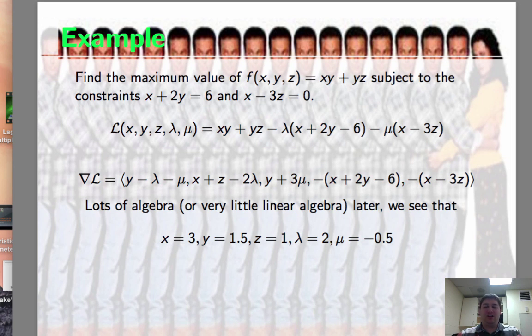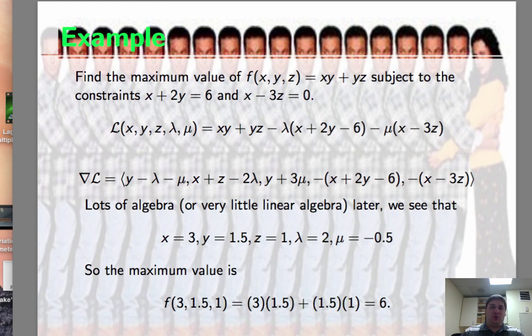Just make a matrix and then find the inverse of that matrix, and oh, it's beautiful. It's a piece of cake. I did the latter. I did linear algebra, and I found that x had to be 3, y had to be 1.5, z had to be 1, lambda had to be 2, and mu had to be negative 0.5. Okay, you can trust me on that if you want, or work it out yourselves, but that's what I'm getting.